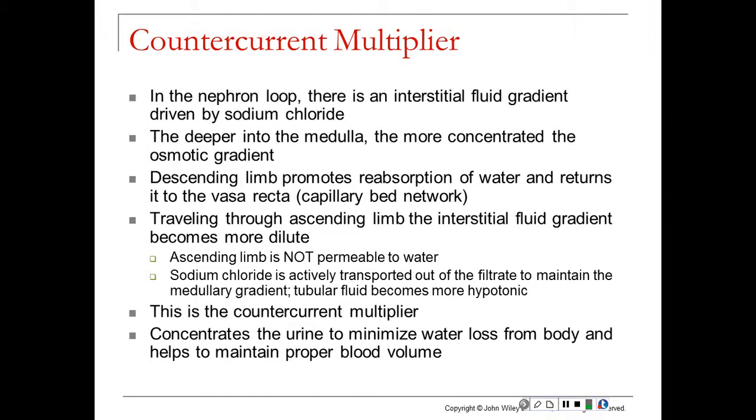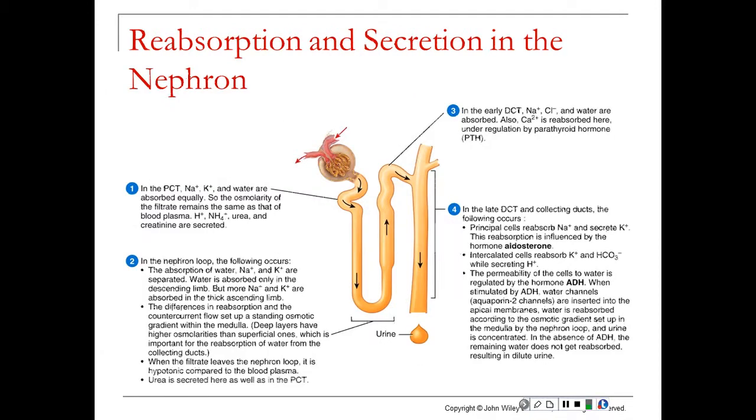Sodium chloride is going to be actively transported out of the filtrate, and that tubular fluid is going to become more and more hypotonic because it can no longer lose or gain any water, but it is going to lose lots and lots of sodium chloride. This is called the countercurrent multiplier. Ultimately, it's going to serve to concentrate the urine, minimize water loss, and help the body maintain proper blood volume and hence proper blood pressure.